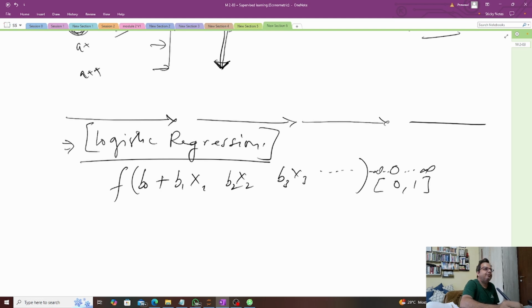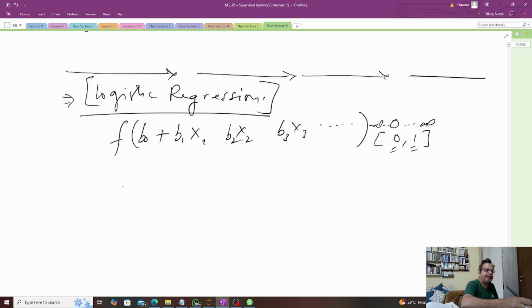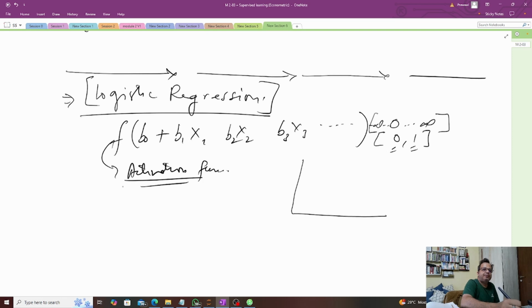So if it is a classification between two classes, let's say class 0 and class 1, this function, which we call an activation function, allows us to converge all the values from minus infinity to infinity between 0 and 1, and we come up with a graph like this, an S curve.